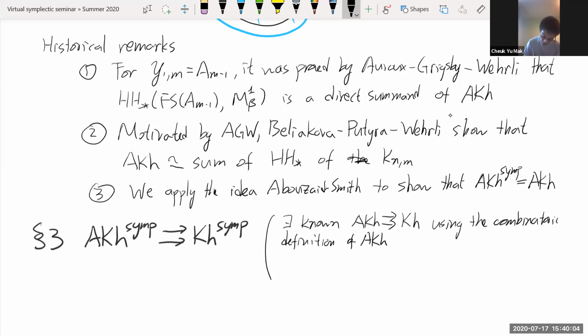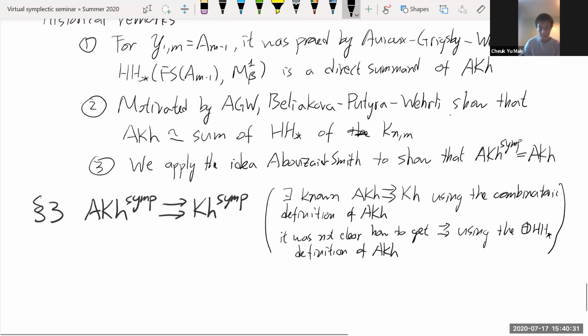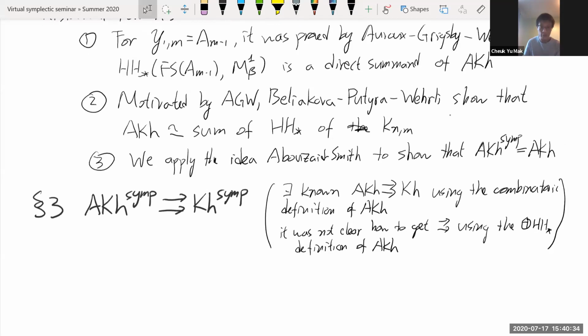And it was not clear how to get the spectral sequence using the direct sum of HH definition of AKH. But I will illustrate that this spectral sequence comes very naturally from this geometric point of view. Any questions so far?